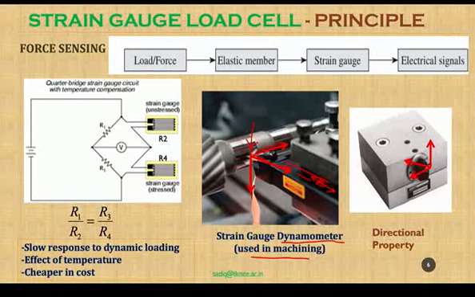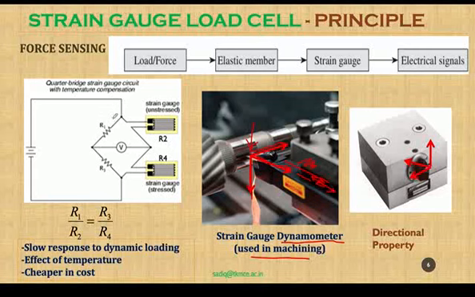Again, if there is a force to be sensed in this direction, there should be another strain gauge attached in this direction in order to sense the force in that direction. So for three forces, there should be three dedicated strain gauges inside the dynamometer, because we know that strain gauges are direction sensitive. Now let us see how this is used in a Wheatstone bridge.